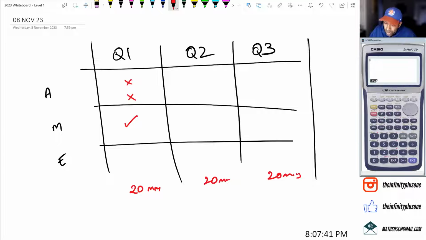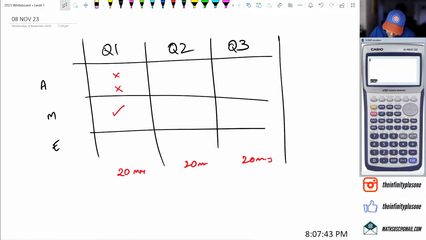Unfortunately, I don't know the range for achieved, but I know that merit always starts at 15. Achieved depends on the paper. If they find the papers too hard, they might drop it to a 7 or an 8, but I know that achieved only goes up to 14.